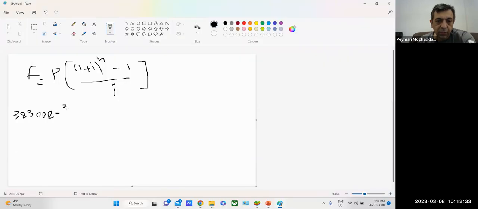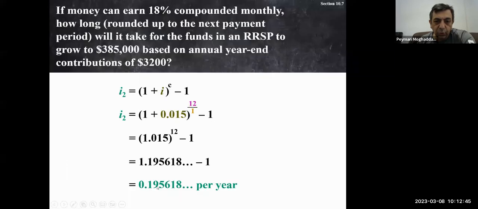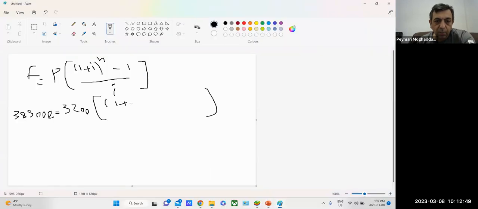So 3,200 times (1 plus I2) in this case, right? I2 is 0.1956. 1.1956 to the power of n, which is unknown in this case, minus 1, right?